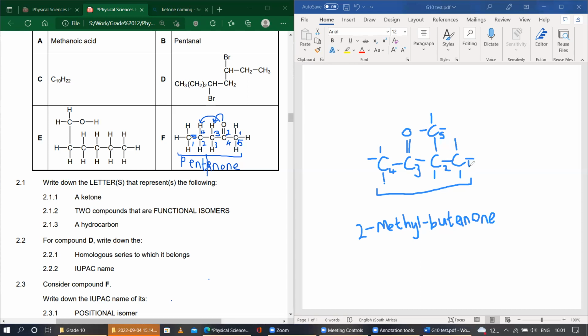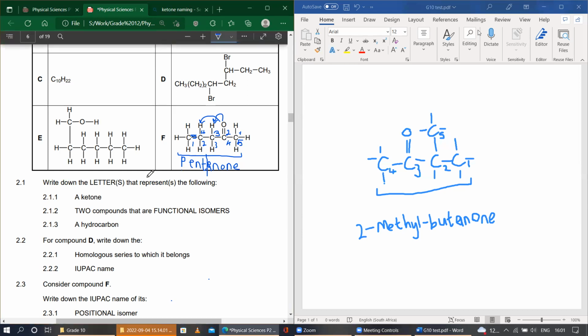So do you understand how I went from pentanone to 2-methyl butanone? Yes, sir. So this is the chain isomer. Basically you just change the longest chain. Let me just stop drawing here.